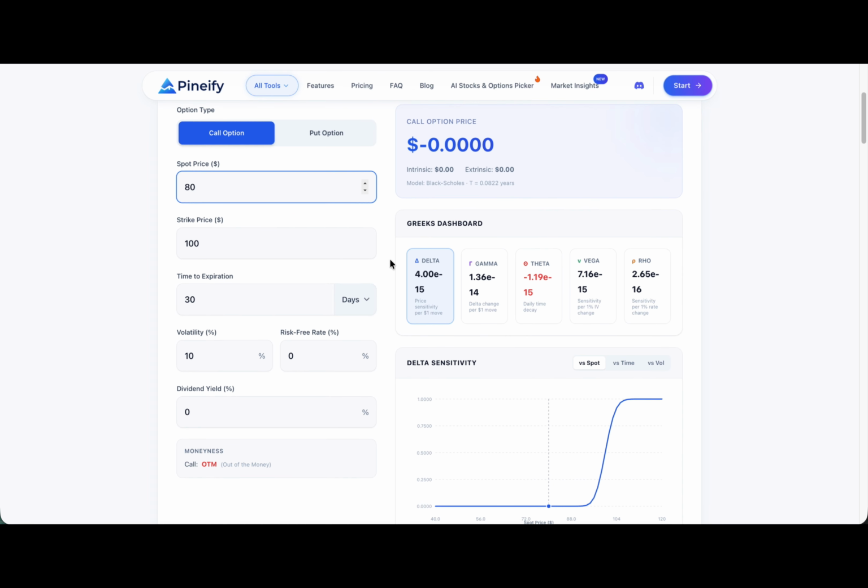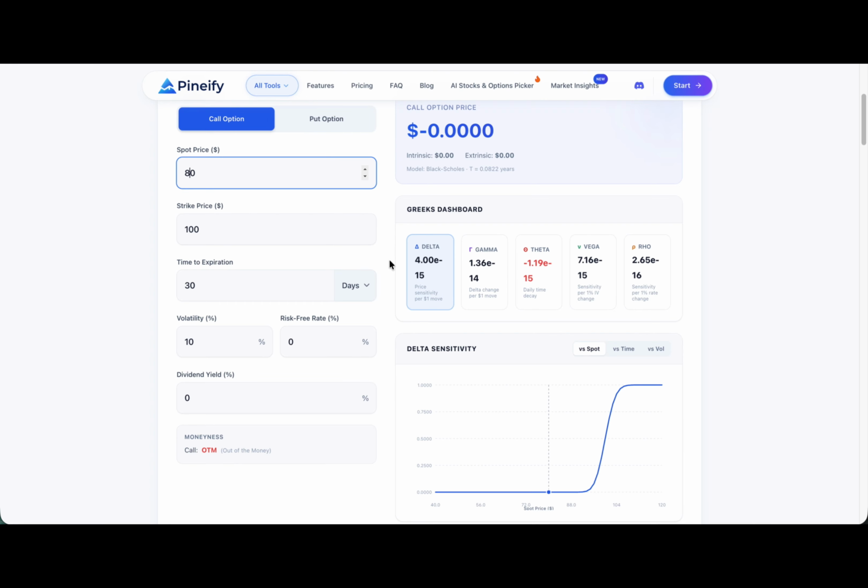And so using this out of the money call option, and this is very much out of the money, it's 20% below the strike, you can see here that the delta is very, very close to 0, as is the Vega. And why is that?